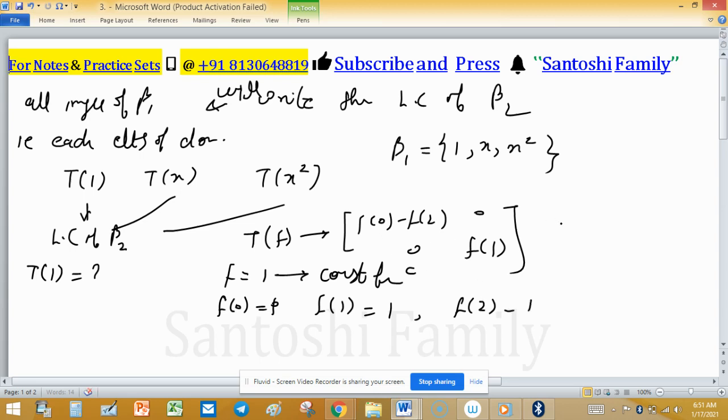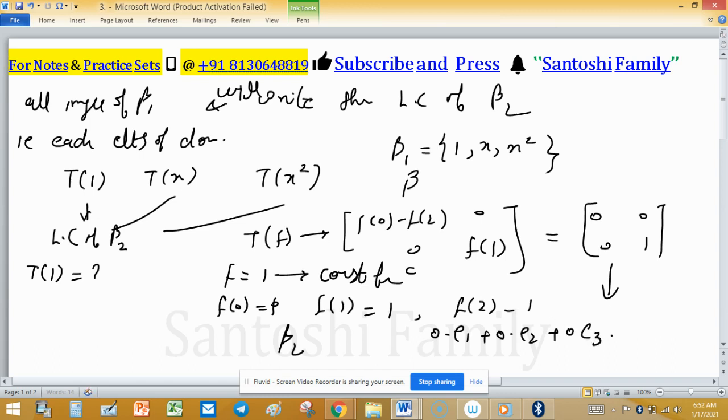So the differences are 0, 0, 0, 1, and this can be written as 0 times e1 plus 0 times e2 plus 0 times e3 plus 1 times e4, if the elements of basis beta 2 are represented as e1, e2, e3, e4.